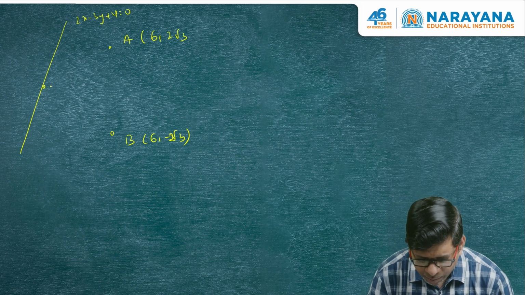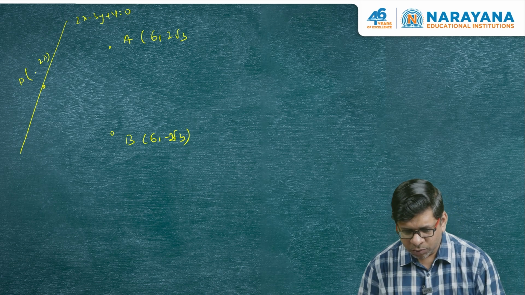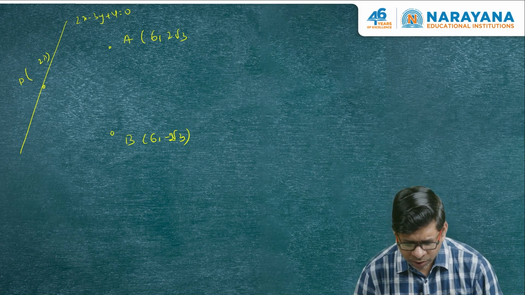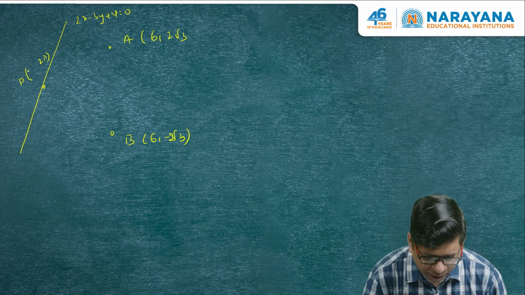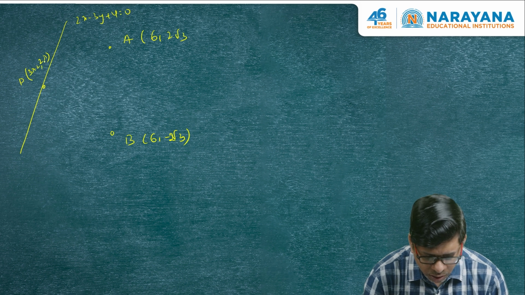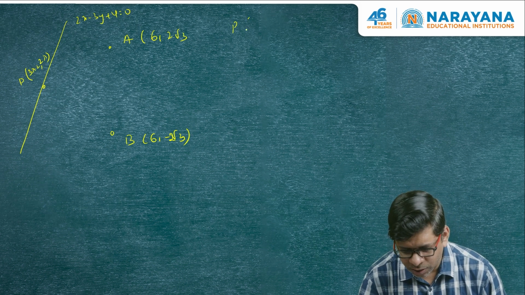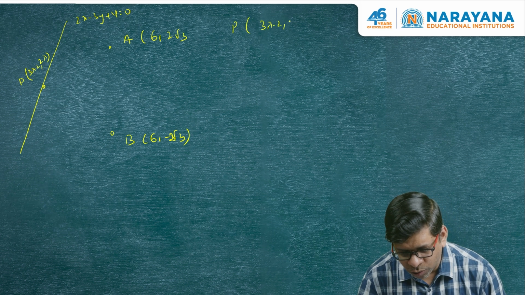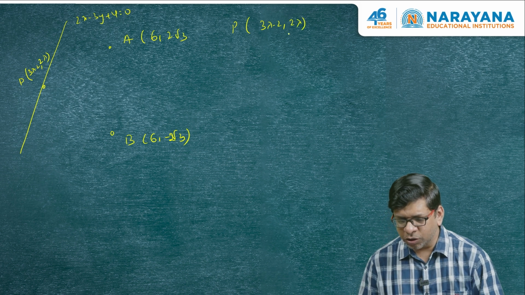If I take any point P, suppose the y coordinate I am taking as 2 lambda, then x will be 3 lambda minus 2. So point P can be taken as (3 lambda minus 2, 2 lambda). This is your point P.